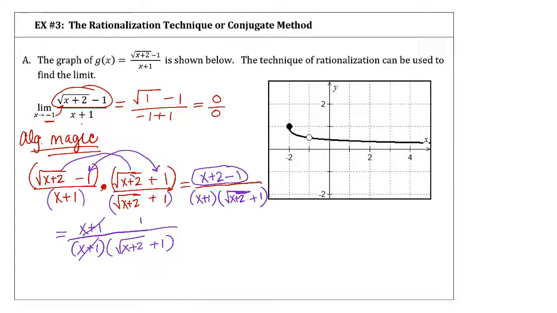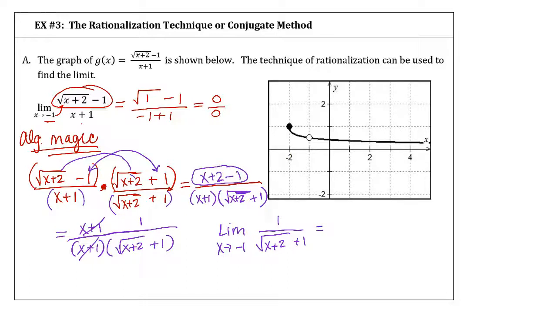How wonderful is that? And so now let's go back and look at our limit. As x approaches negative 1, I'm going to have 1 over the square root of x plus 2 plus 1. Now let's reevaluate that limit, and it looks like it's going to work out nice and neat.